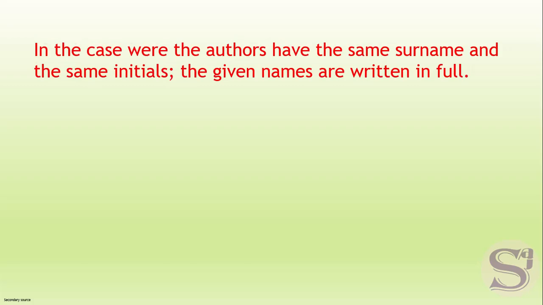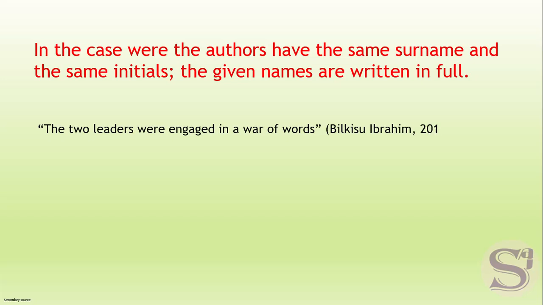Now supposing the authors have the same surname and their initials are also the same, then the given names will be written in full. This is an example here. The two leaders were engaged in a war of words, Bilkisu Ibrahim, 2018, and Bala Ibrahim, 2018.